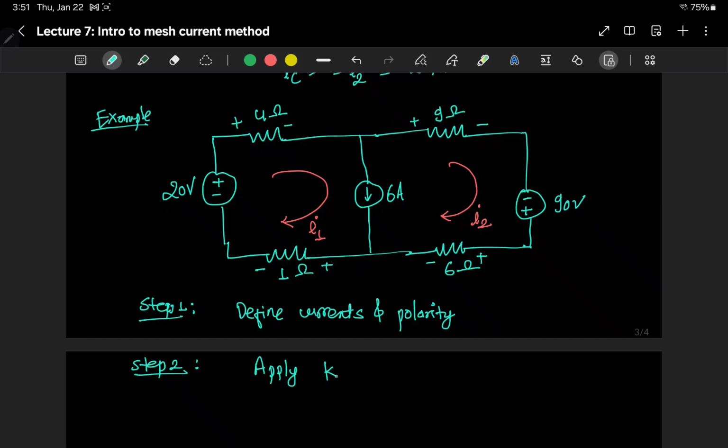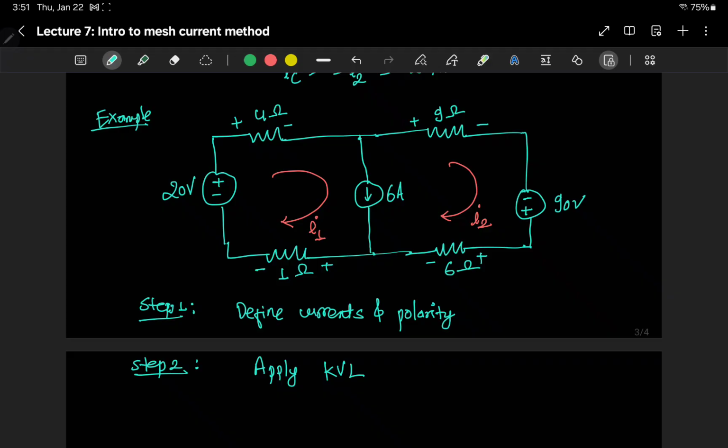So apply KVL. We could apply KVL, but this 6 ampere current source is an independent current source, and that always produces a 6 ampere. So if we are trying to relate that to I1 and I2, that will just make it complicated. And we also don't know the voltage across these ends.